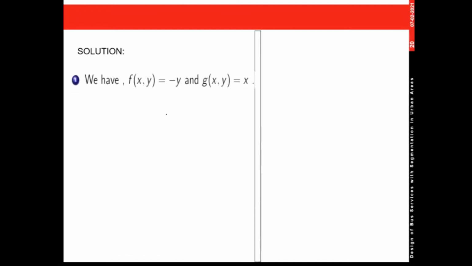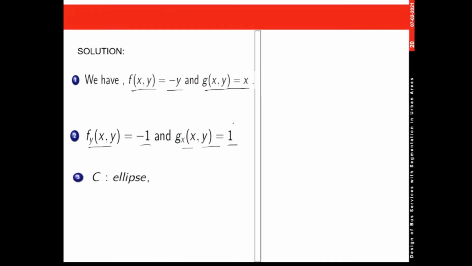Now here we get f of x, y is equal to minus y, g of x, y is equal to x. Then if you find f_y, it is equal to minus 1, and g_x is equal to 1. We have C as an ellipse.